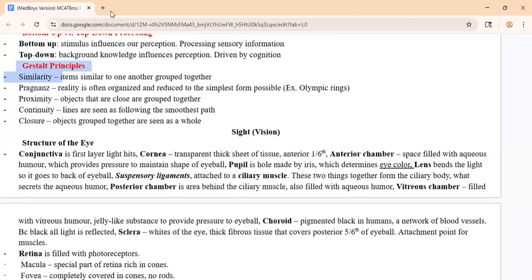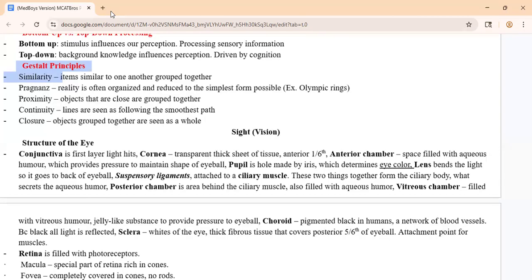When we talk about similarity, it's basically items that are grouped together. Prägnanz is basically reducing what we're looking at into its simplest form. An example is the Olympic rings. Proximity is objects that are close together being typically grouped together.